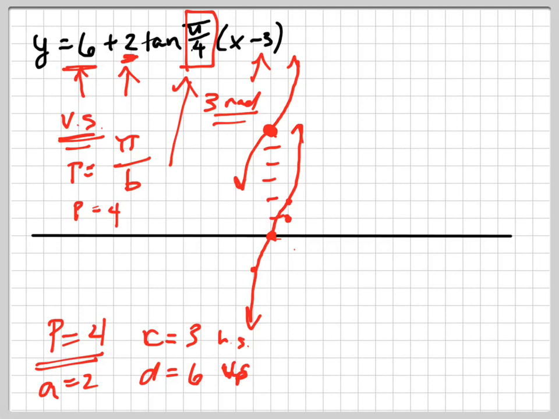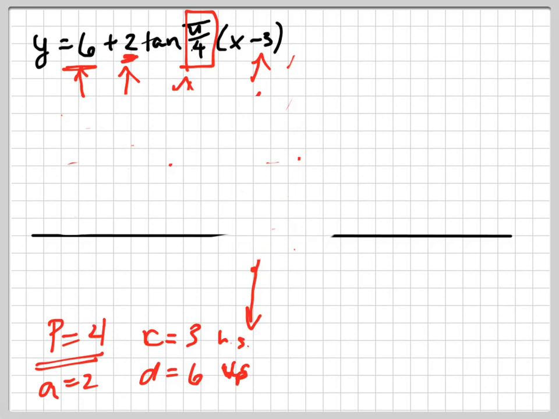Alright, so let's see if we can graph that. My normal graph would have been at 0, 0, but instead it's going to be shifted up 6. We can draw a horizontal line there. Now I'm going to find the period, which is 4.